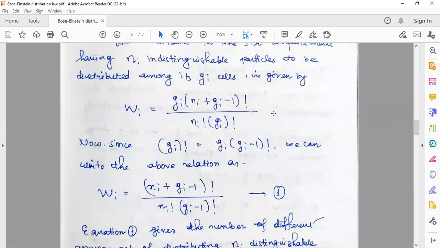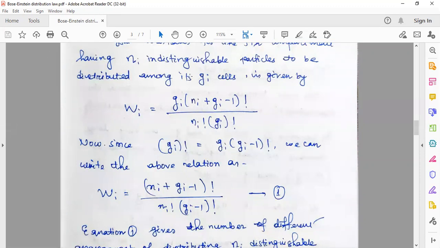From here, we have some mathematical steps. This gi! can be written as gi multiplied by (gi - 1)!. I think you already know this type of relationship in permutations.